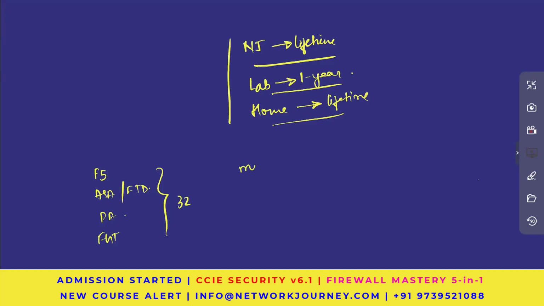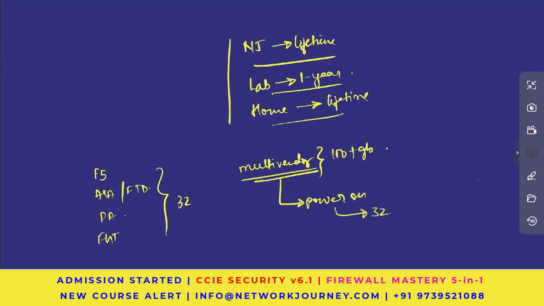The multi-vendor lab will not run on this, because it needs at least 100 GB because of all the instances you have. But there is a trick: you can power on just those devices which you need for that task. If you do that, then 32 should be sufficient.